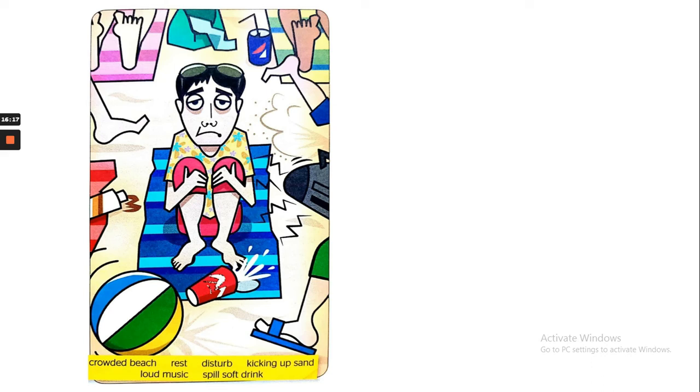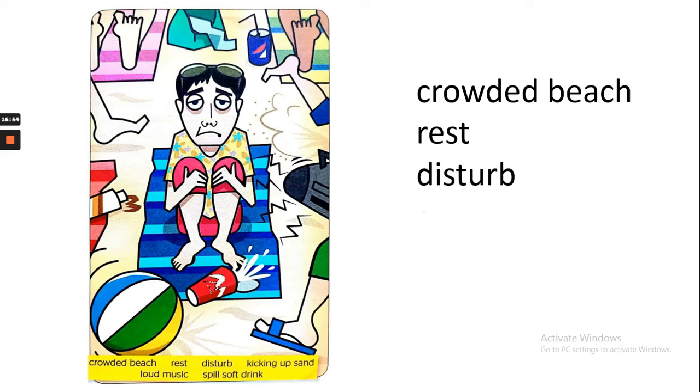Okay, so let's look at the phrases given to help you build your sentences later on. The first phrase, crowded beach. Crowded beach means pantai yang sesak. The next word, rest. Rest means rehat. Disturb.